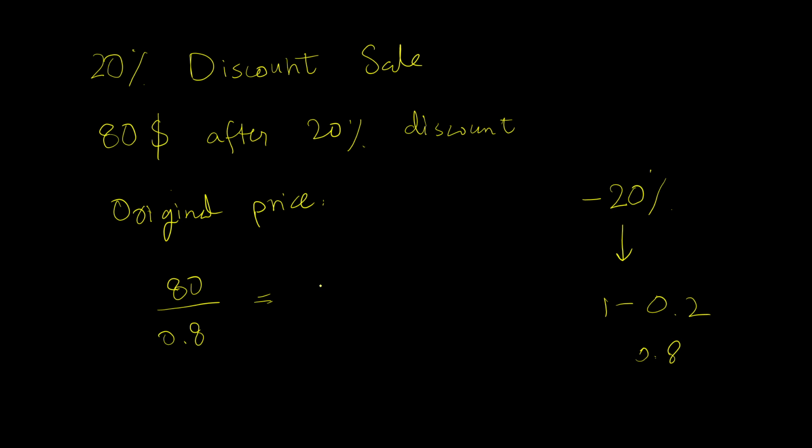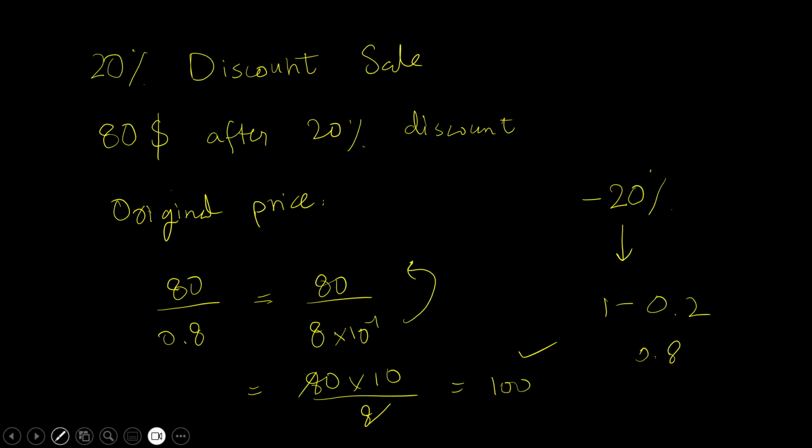You can write 80 divided by 8 times 10 to the power of -1. The power of -1 moves to the numerator, so it's 80 times 10 divided by 8, which gives you 100. So yeah, ladies and gentlemen, the original price was 100.